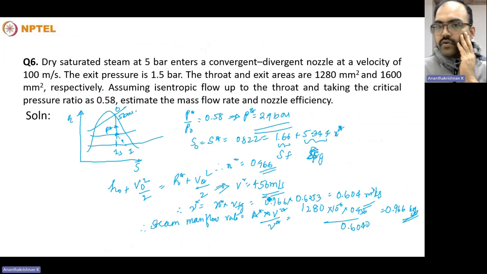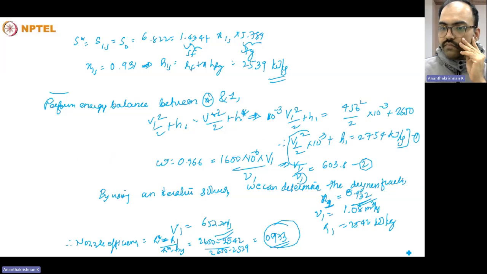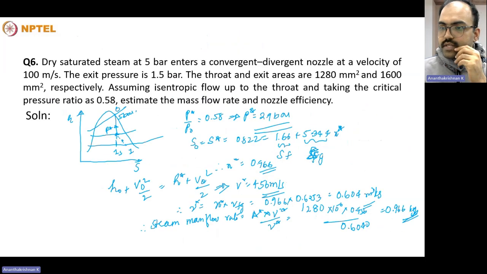So in this problem, we had to determine the mass flow rate and the nozzle efficiency of the second diverging section. We had to determine the mass flow rate first. For that, we needed the specific volume at the point star.